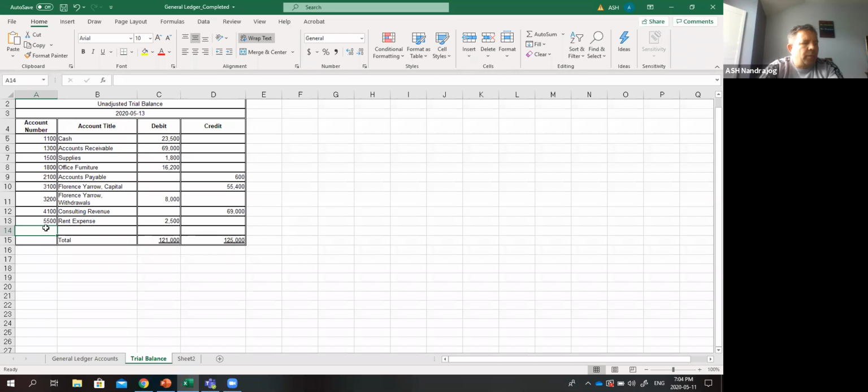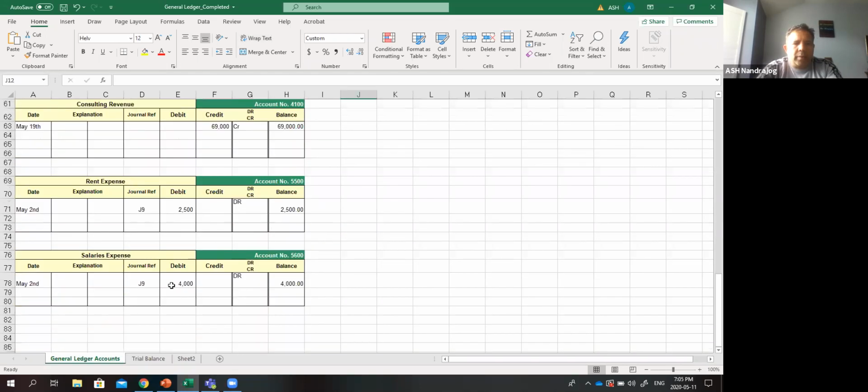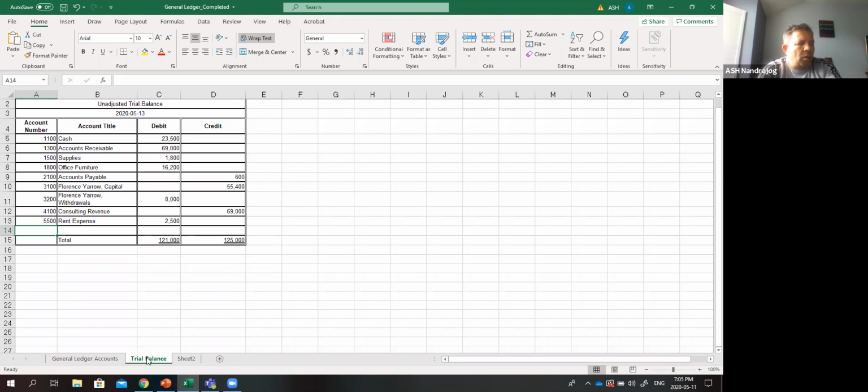And next we have the salary expense, account number 5,600, balance is 4,000. So the account number is 5,600 and that is the salary expense, and it has a balance of 4,000.